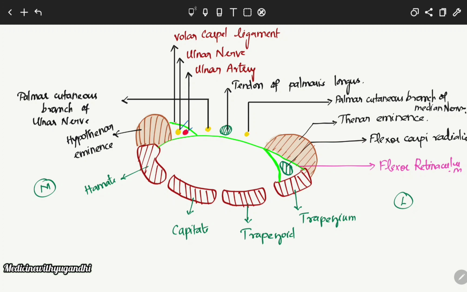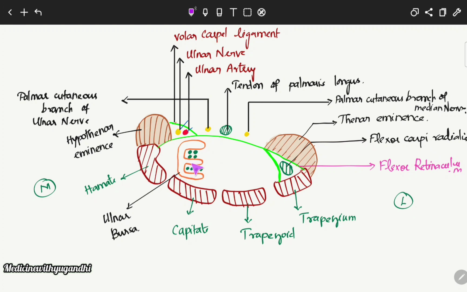Now let us see the structures passing deep to the flexor retinaculum, from the medial side to the lateral side. The first structure is the ulnar bursa. Deep to this ulnar bursa lie the tendons of the flexor digitorum superficialis and flexor digitorum profundus.